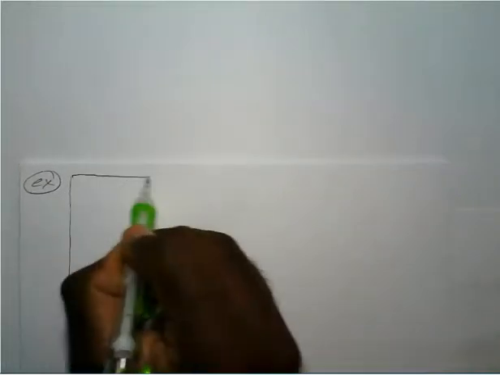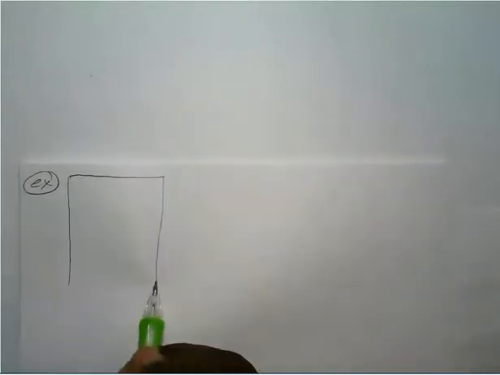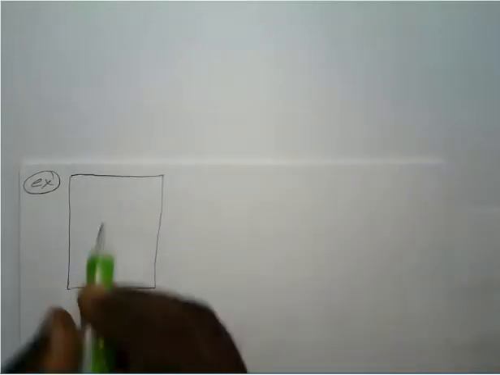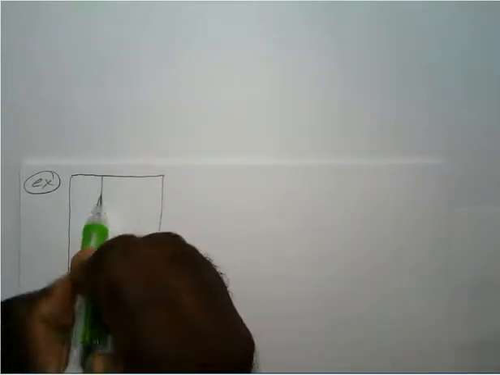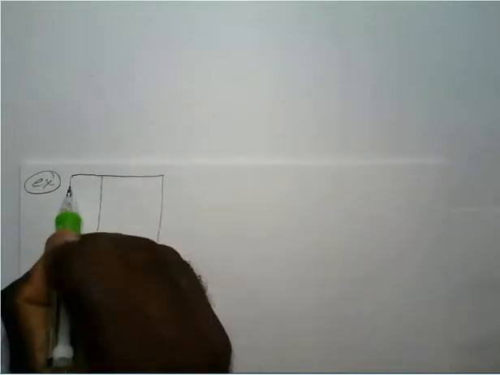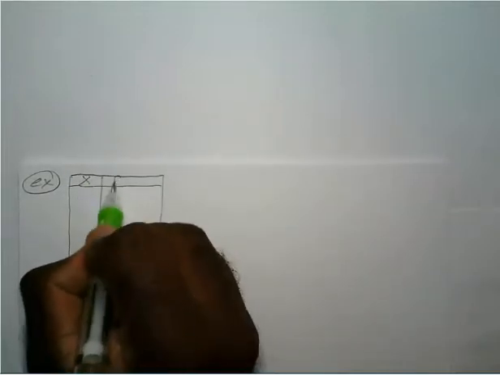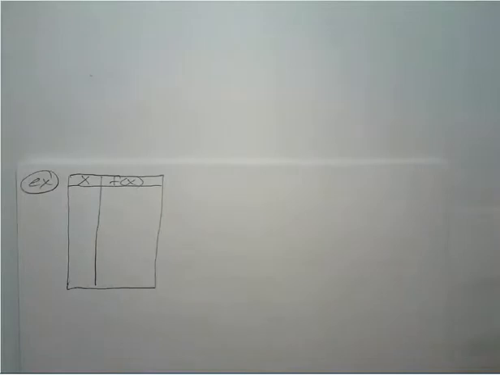For this example here, we're going to draw our table. Let's say this is your x and this is your f of x.